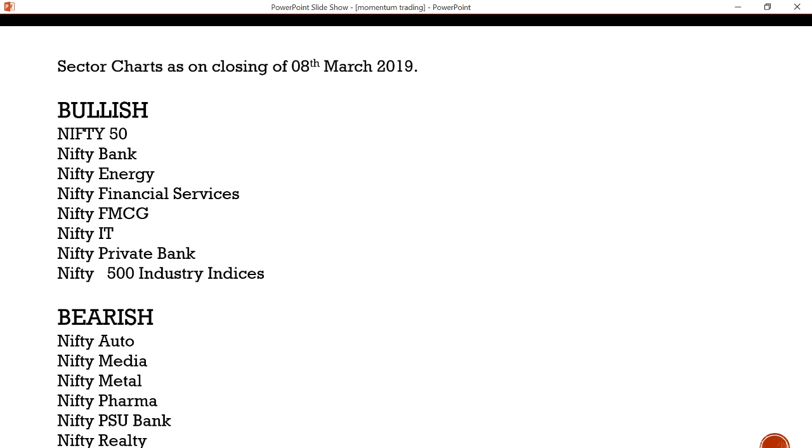So we will check all these individual sectors and understand how I have come to this conclusion about the sectors which are bullish and bearish, and then we will look at some individual examples for trending sectors, either trending on the downside or the upside.